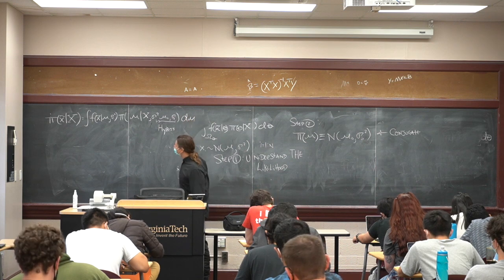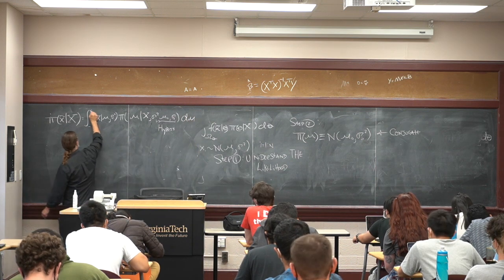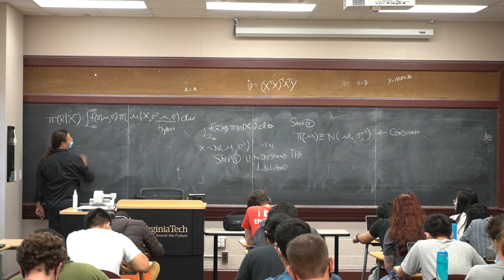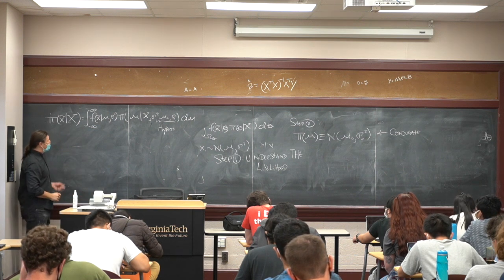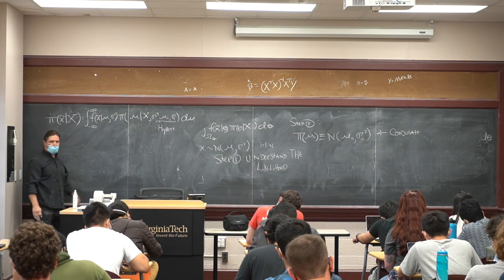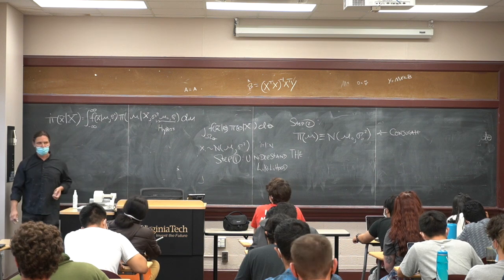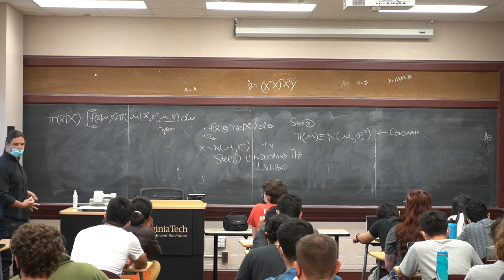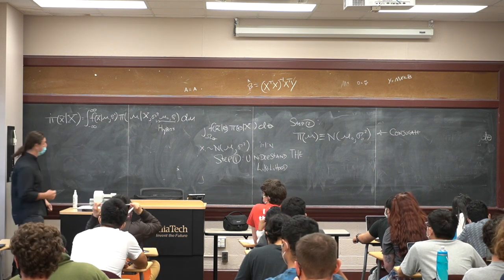I'm going to integrate over mu, between negative infinity and infinity. And I'm just going to get rid of all my normalizing constants because I find them to be a hassle to carry around, but you could write them all down if you wanted to.